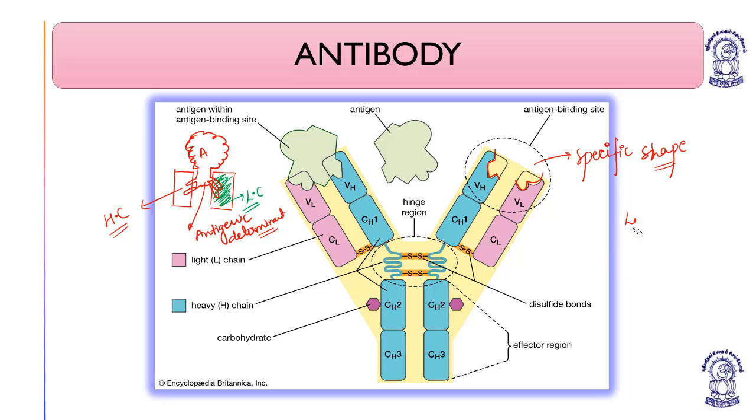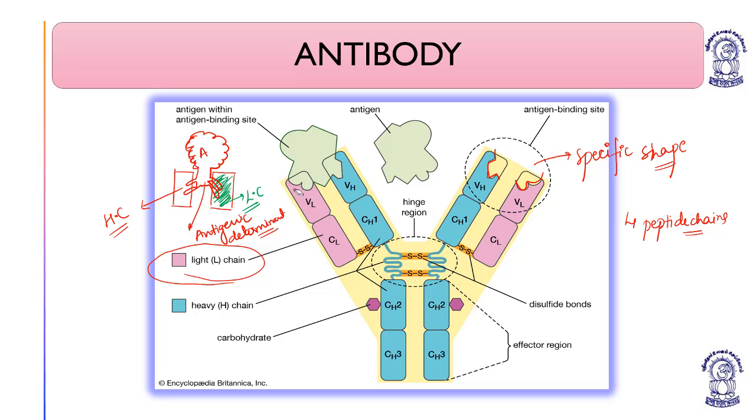There are 4 peptide chains. Two small called light chains. You can see the pink one. This is the light chain. Okay. And the blue one is the heavy chain, two longer.